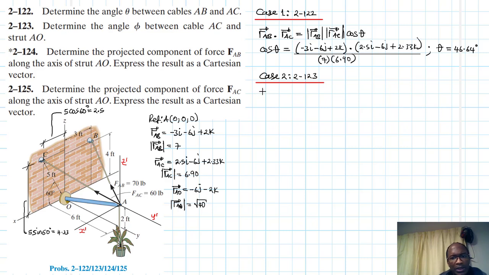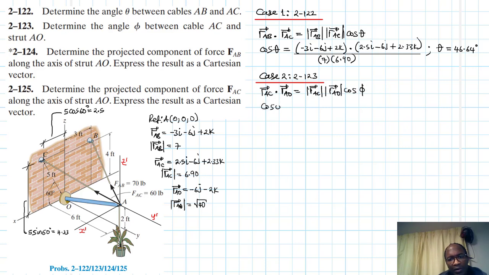Between the cable AC, so just say RAC dot RAO. This is equal to the magnitude of RAC times the magnitude of RAO, then cos phi.